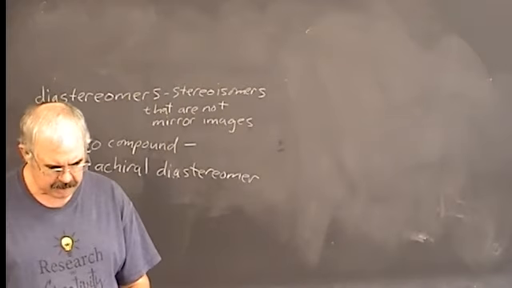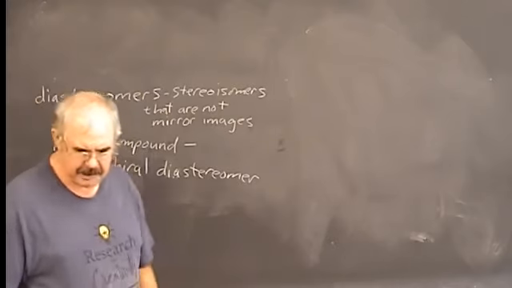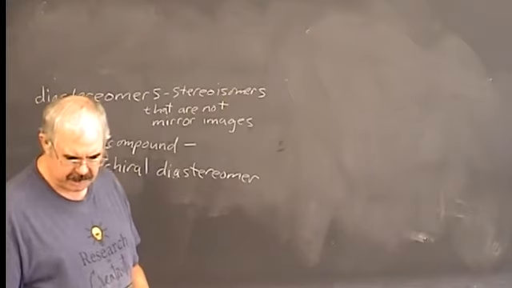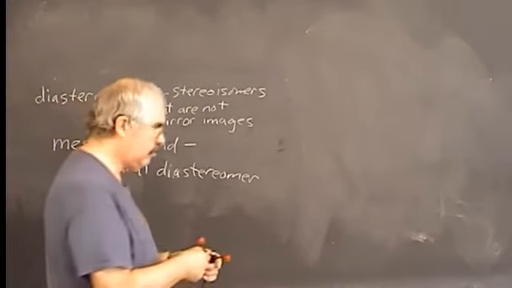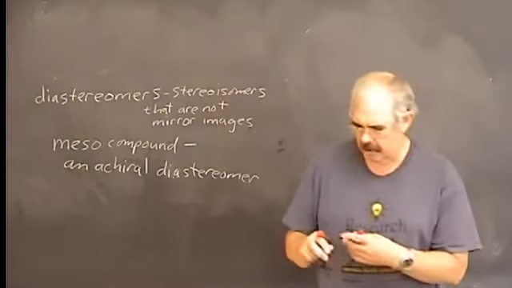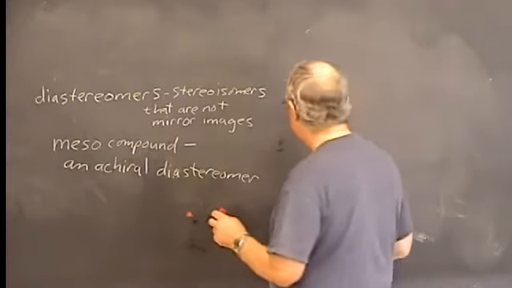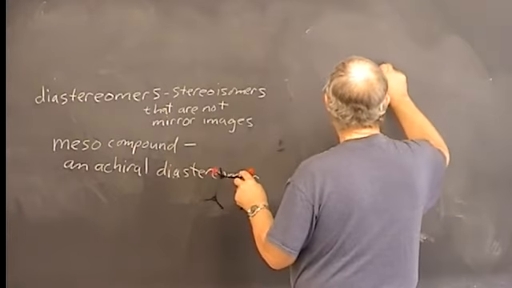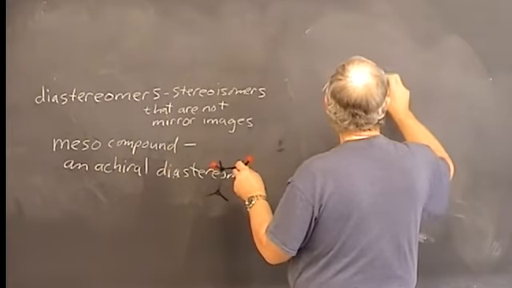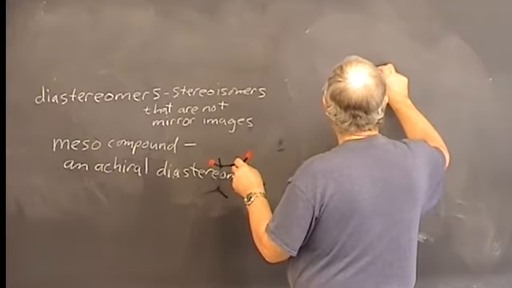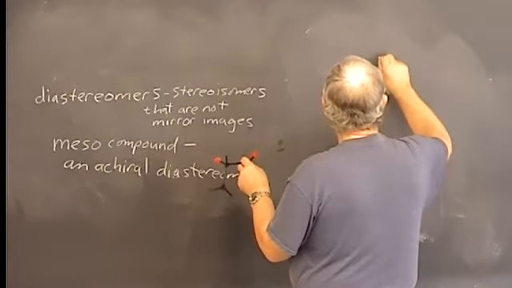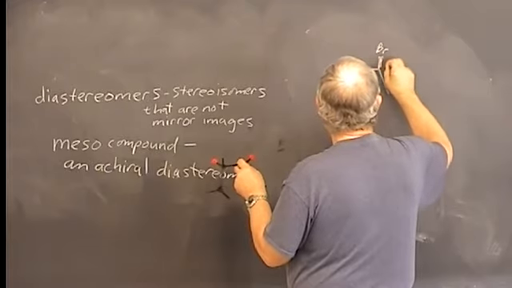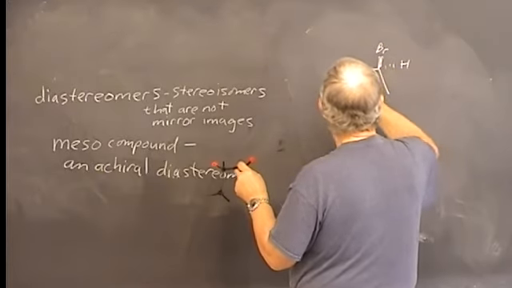All right, next we're going to look at 2,3-dibromobutane. And I've made a model here. Okay, so this has bromine coming forward, hydrogen going back.